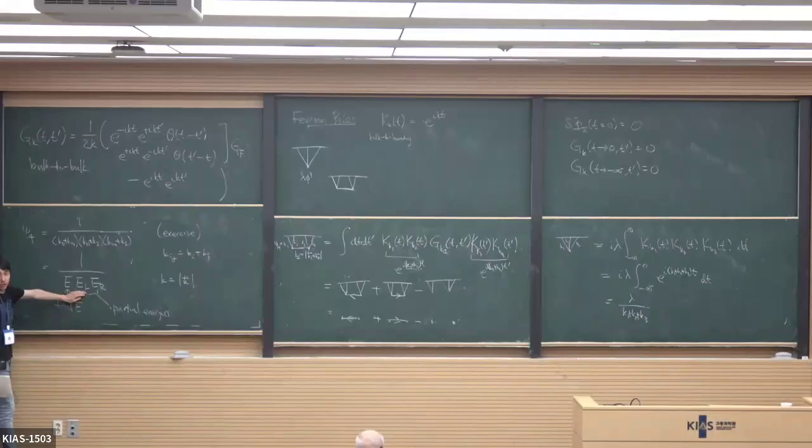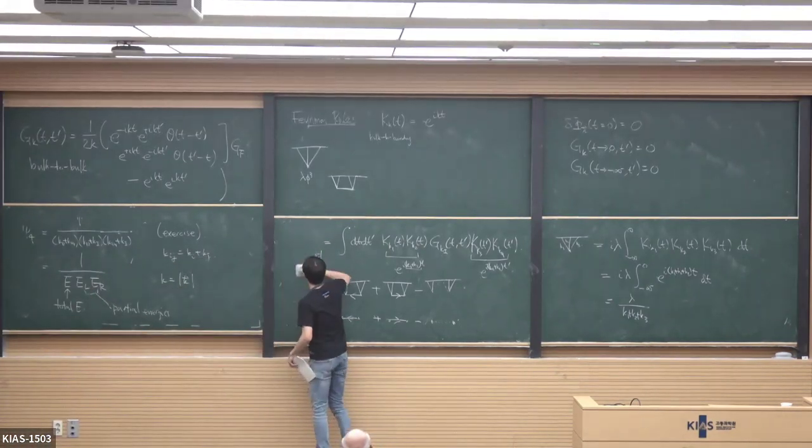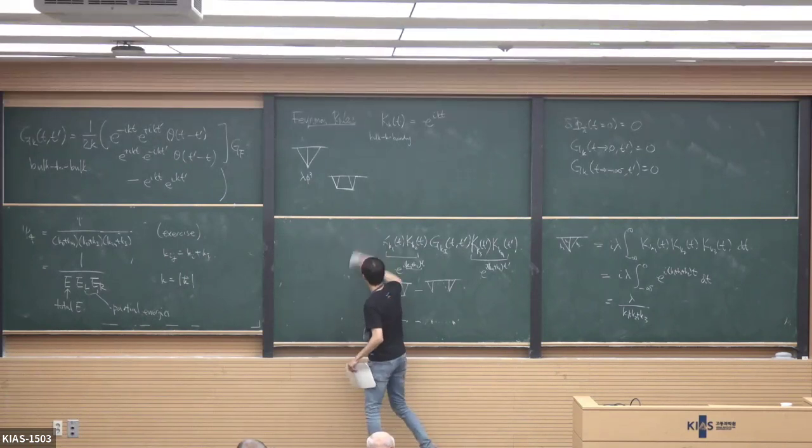So if you look at this function, it turns out that this wave function has simple poles when these energy factors go to 0. So what is the interpretation of this pole?